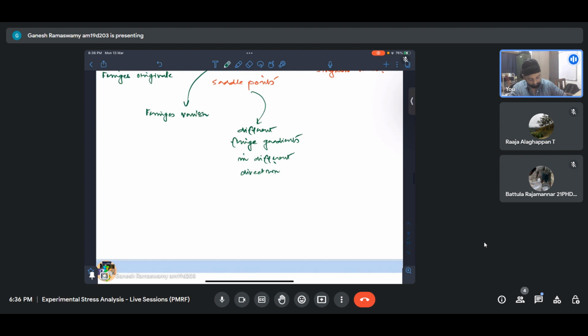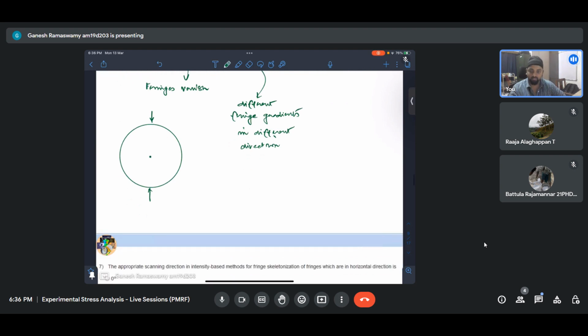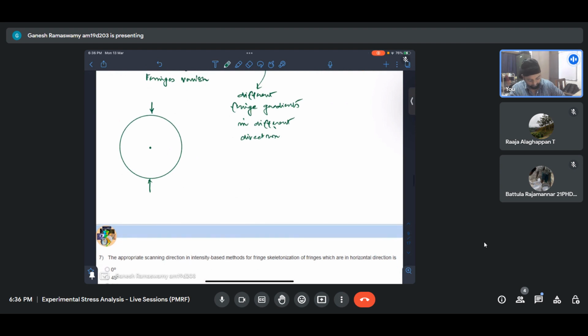So, for example, for a disk, if I apply the load here, and take it that the center point is a saddle point, the fringes appear like that. My fringe order around the boundary is invariably 0 because it is a free surface and it appears dark when I do the experiment. Theoretical equations also support that my boundary is free except for the load application points. So essentially my fringe gradient is increasing this way and going forward this way.